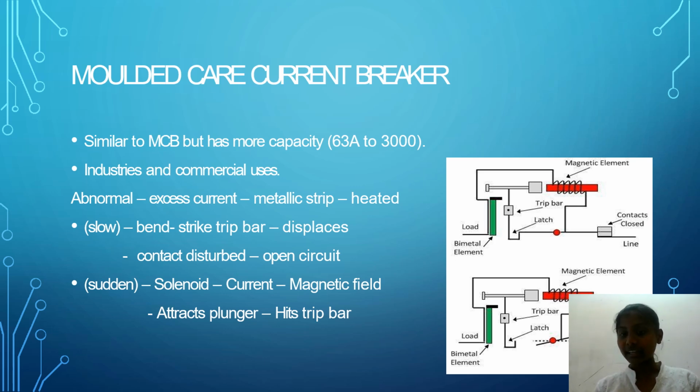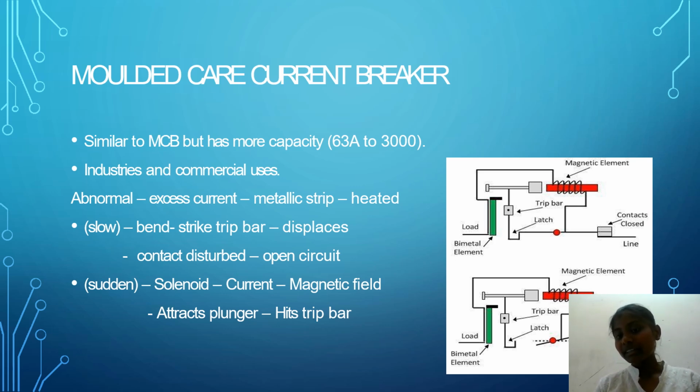Whenever the current increases slowly, it comes to the closed contact, and next it comes to the bimetallic element. The bimetallic element will get heated up, because metals expand on heating, and it will deflect and bend. When it bends, it hits the trip bar.